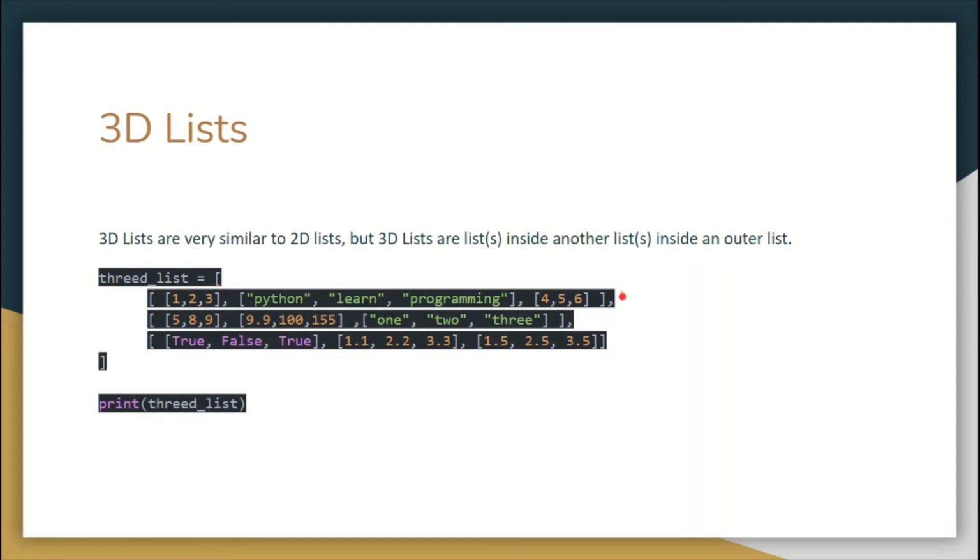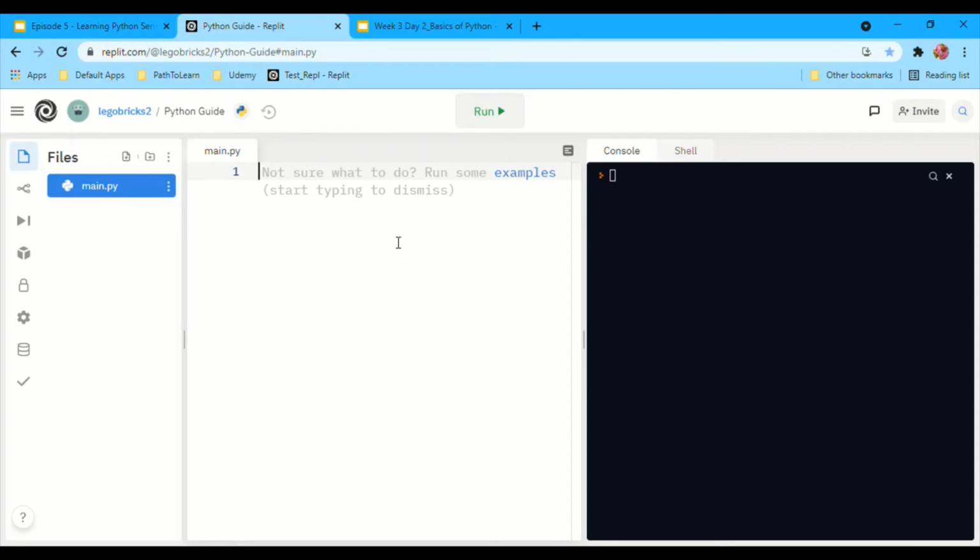This is the first one, this is the second one, and this is the third one. Then inside each of those smaller lists, there are even smaller lists. Each of these smaller lists has 3 smaller lists inside. So this is why it's a list or lists inside another list inside another list.